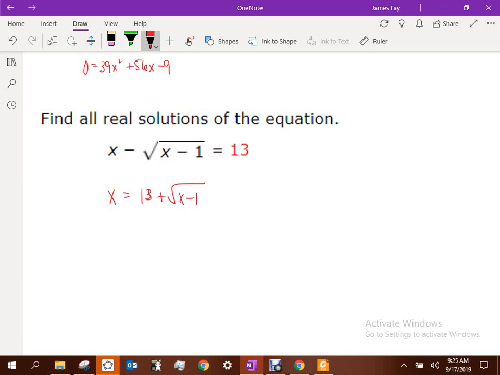Is that what you're saying? Yeah, and then move the 13 over? Yeah. Minus 1. That's fine. You can add, to be honest with you, because when we are going to square it, you can actually just leave it this way if you wanted to.